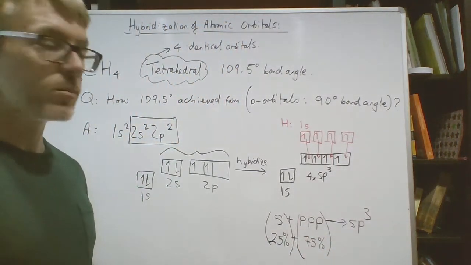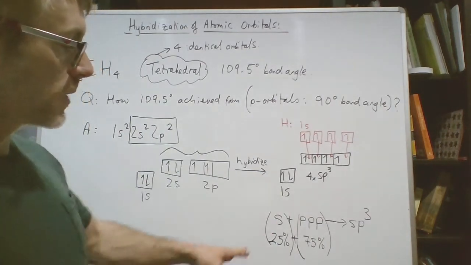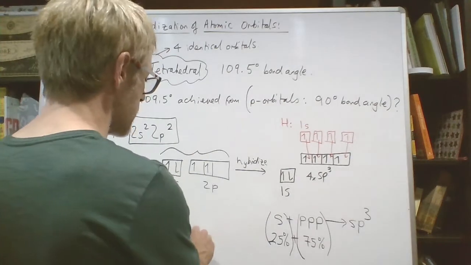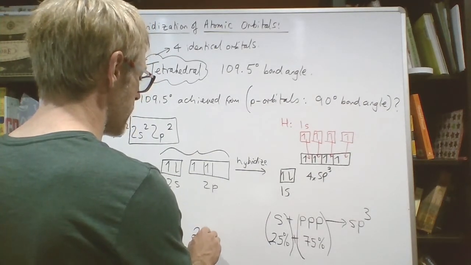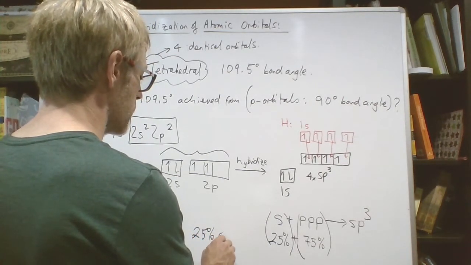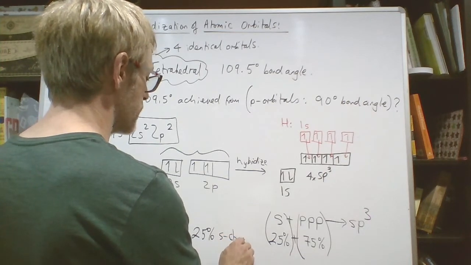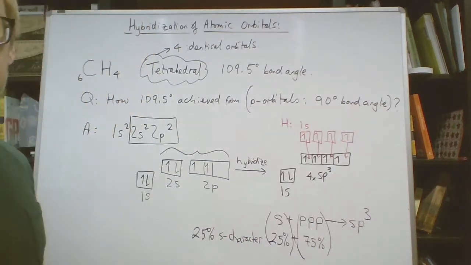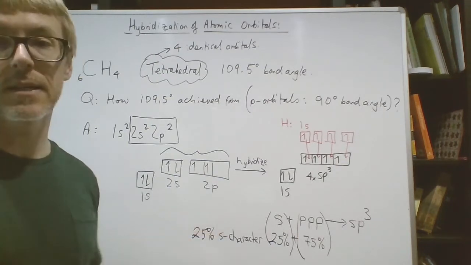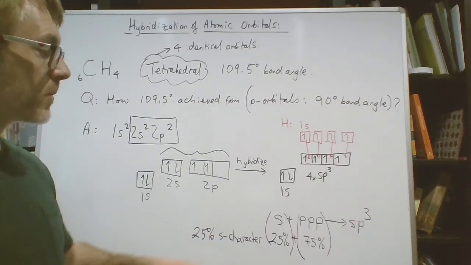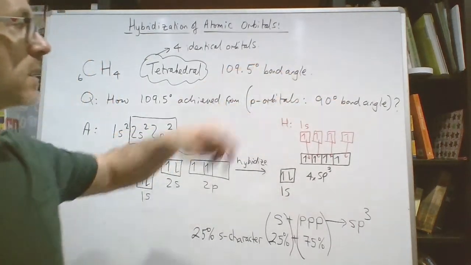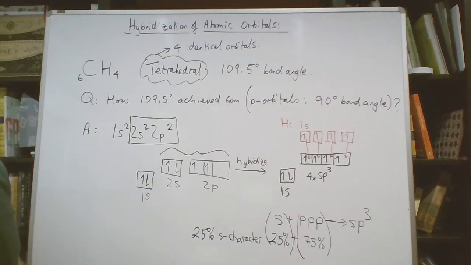So it's important moving forward that we can typically report the percent s character. So we would say 25% s character. And eventually we're going to see a relationship between bond angle and s character. But this is how we would go from the native 90-degree bond angle to our 109.5-degree bond angle in methane.